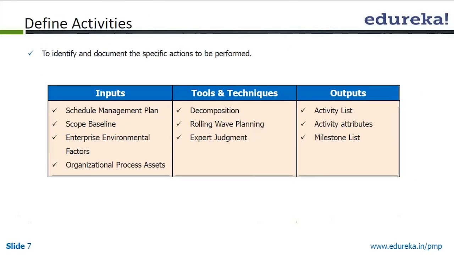Once we plan it, then we start executing it. The first activity that we do is to prepare a schedule, which is basically to list down all the activities. The starting point for this is our WBS. The WBS has been approved by the customer, so that has defined the scope of the project. Now for each work package in the WBS, we have to list down the activities that need to be done.